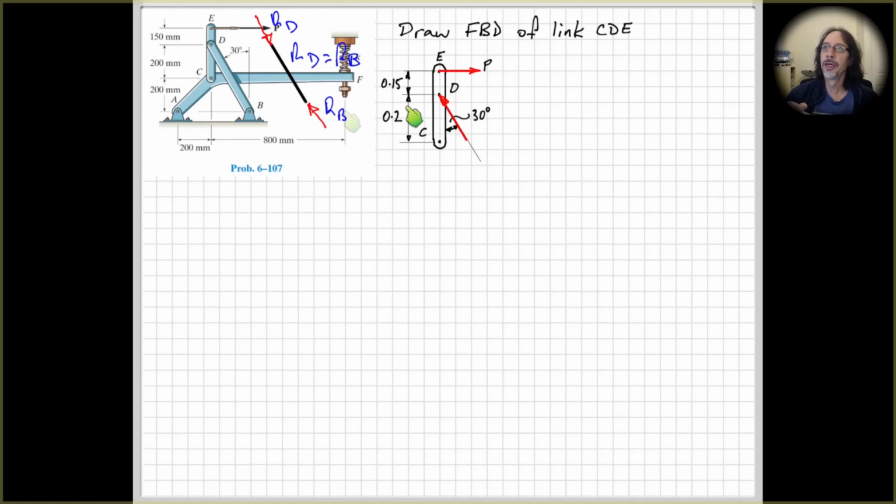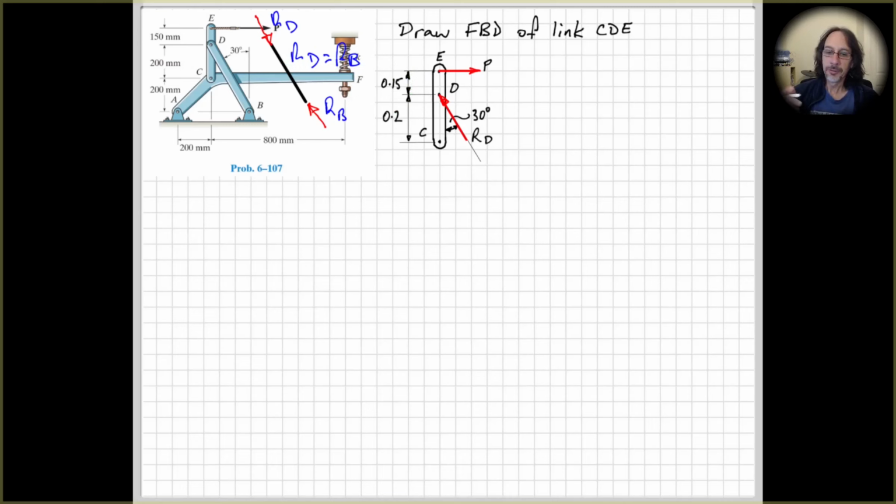What I've shown here is the force that the link DB exerts on the link CDE, and over here I'm showing the force that the link CDE exerts on the link DB. So for Newton's third law, action must be equal and opposite to the reaction. These must be shown equal and opposite to each other on their respective free body diagrams.